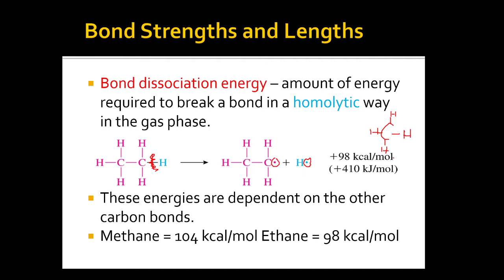It all has to do with the fact that it's a carbon bonded to another carbon bonded to the hydrogen. That plays a role. It's something called the inductive effect. So put that in the back of your brain for when I bring it up later.